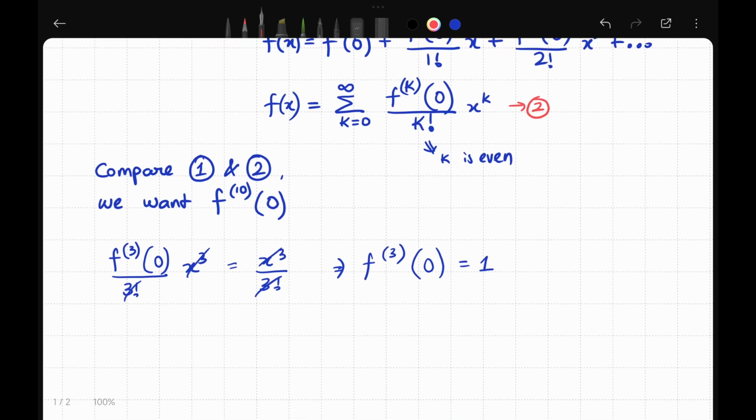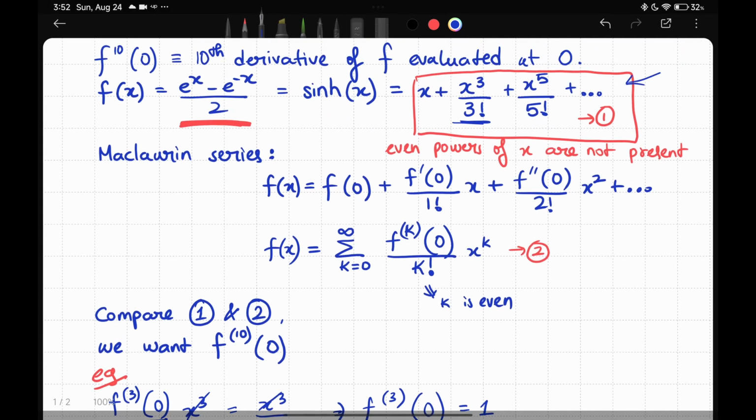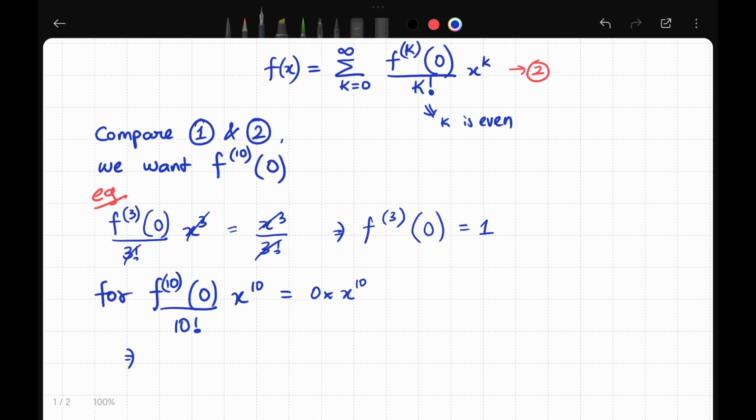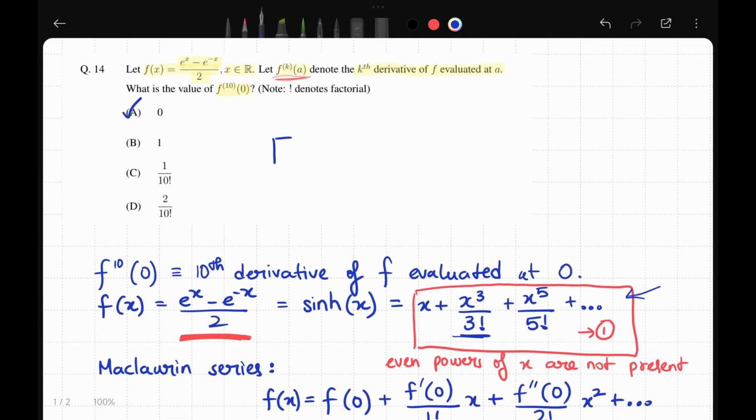So as an example, for the 10th derivative about 0, through the comparison, f^10 of 0 divided by 10 factorial times x^10 equals, since there is no 10th power term in this series, 0 times x^10. That is valid. This implies the 10th derivative about 0 is equal to 0. So that's what we get, and hence the answer to this question is A, 0.